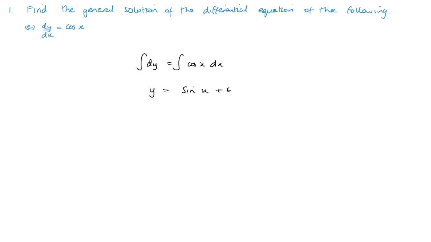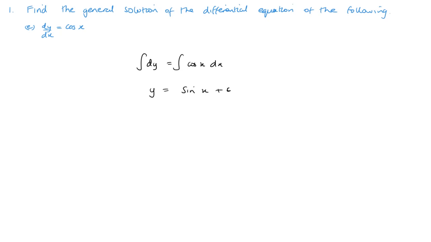So that is just the general solution there. And obviously if you had to sketch it, the plus c would just make the sine graph translate up or down. Nice and easy. So that's A, B, C, D and E from question 1.